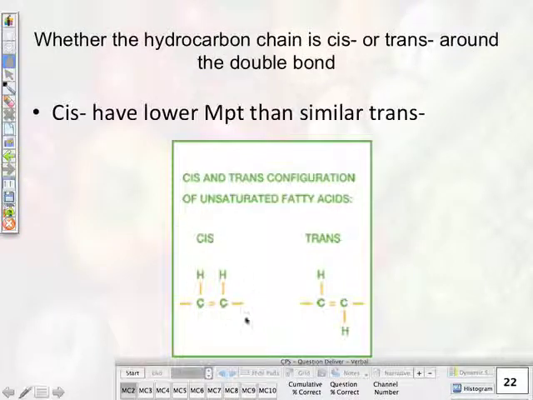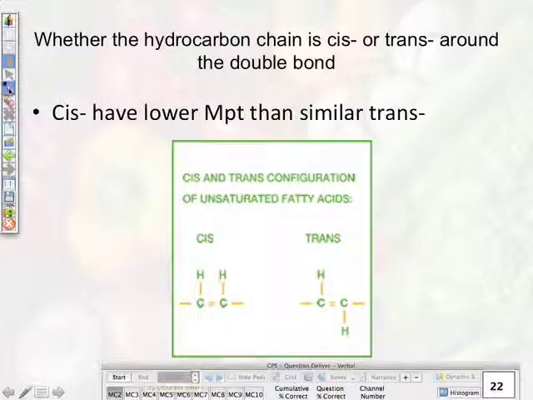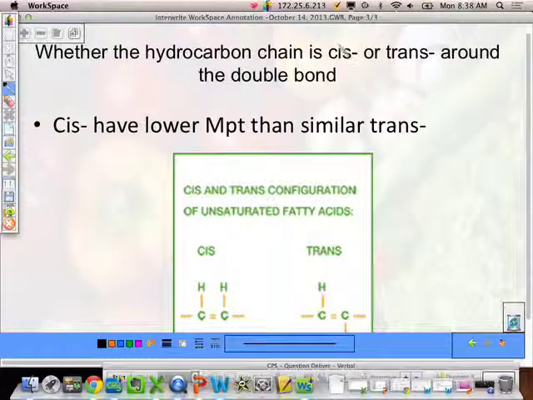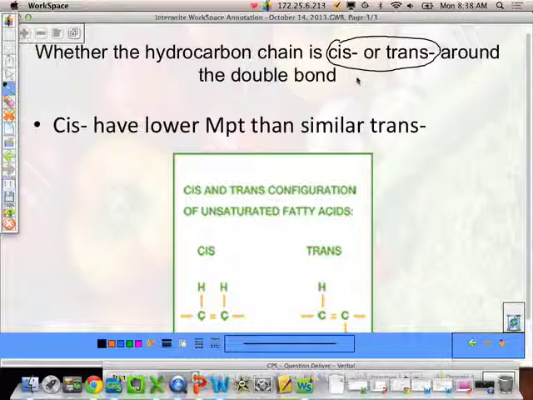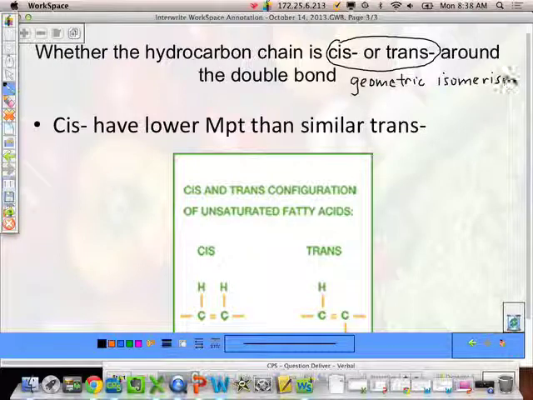Okay. Whether the hydrocarbon chain is cis or trans around the double bond, what this is generally called is geometric isomerism.